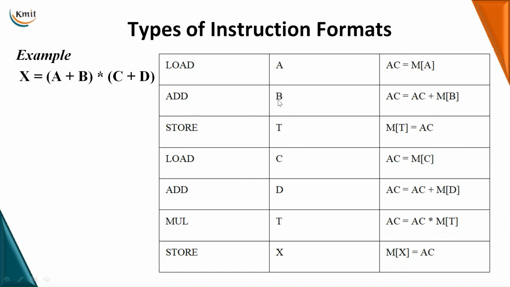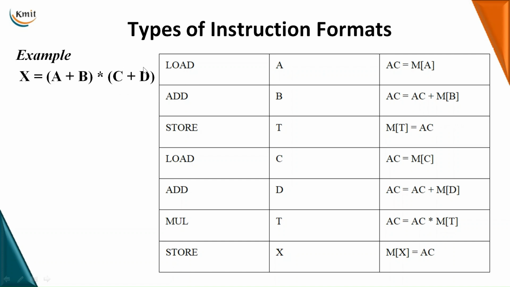Next, add B. Add B performs an addition on the contents of the accumulator register and the memory word stored at address B. We store this result in a temporary location, represented by M of T, because we have to calculate C plus D in the next step, where we need the accumulator again.